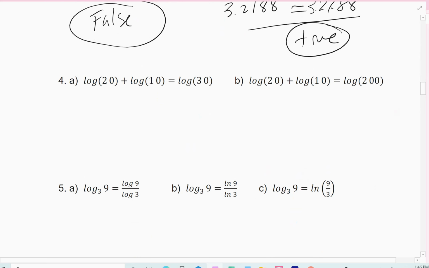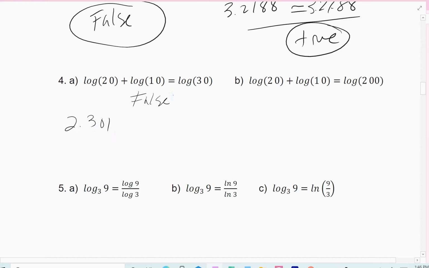Right, next example. Log of 20 plus log of 10 equals log of 30. Again, students will want to do this. This is false. If you type in log of 20 plus log of 10, it comes out 2.301.